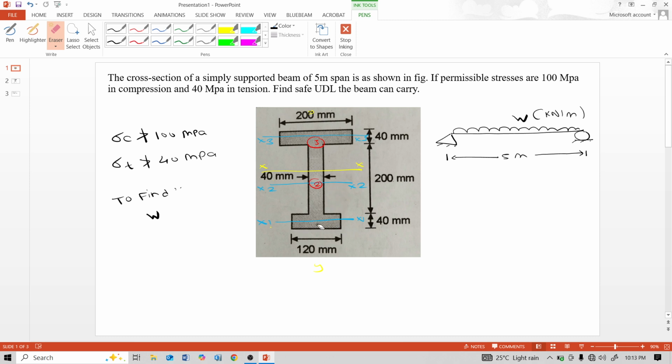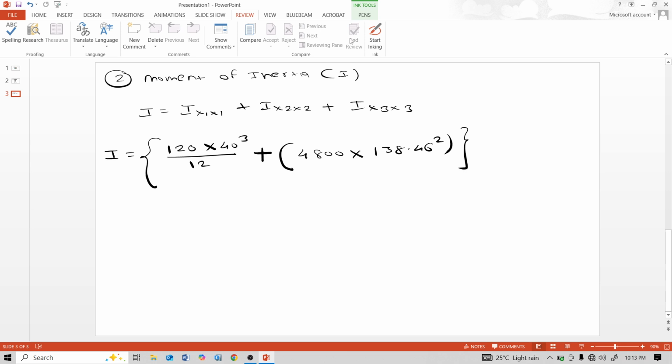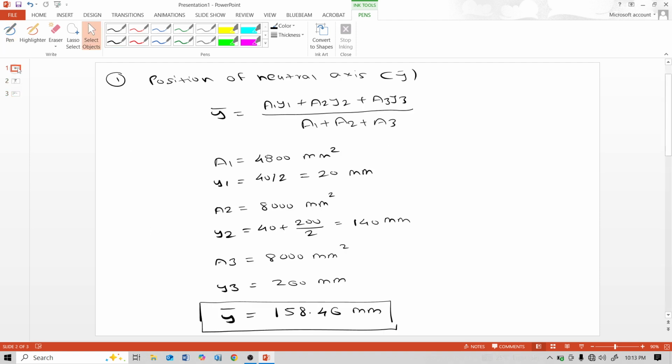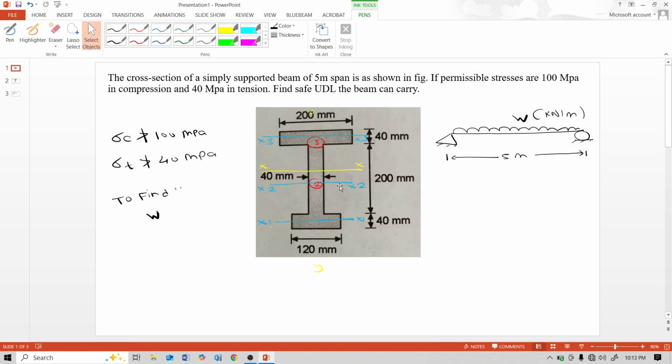This x1 axis is parallel to this x axis, so that's why we use the parallel axis theorem in this case. Next, Ix2 axis for the web part. Similarly, plus, for the x2 axis, the parallel distances for the web are this 40 mm.